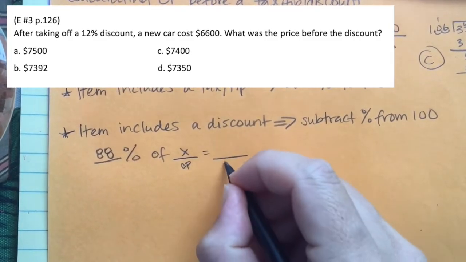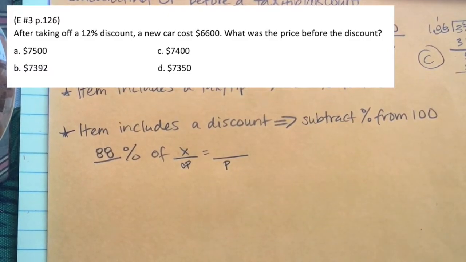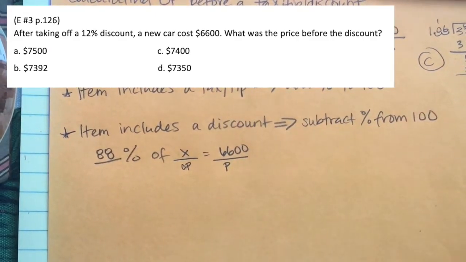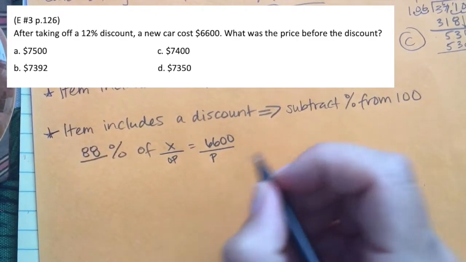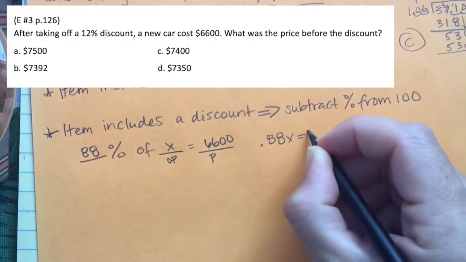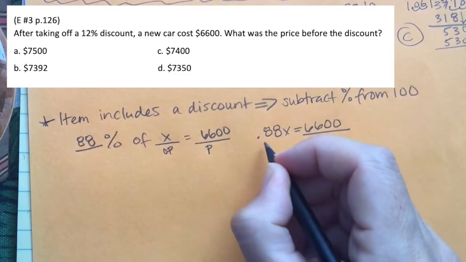And then what goes over here is the part, which in these types of problems is always the amount with the discount or with the tax or with the tip, so 6,600. Okay, now it's algebra. So we have 0.88x equals 6,600. You go ahead and do the computation on your own. I'm going to do it quietly on my paper.